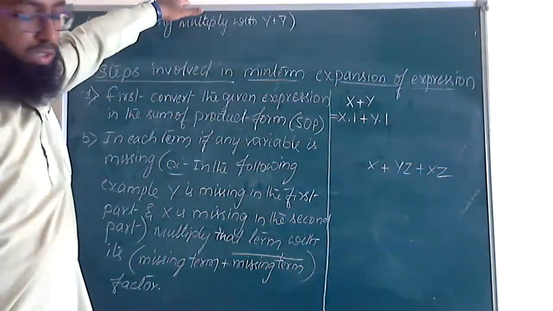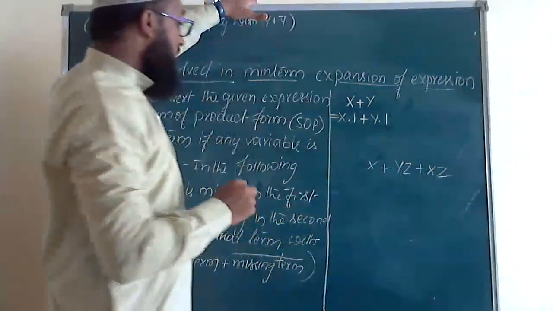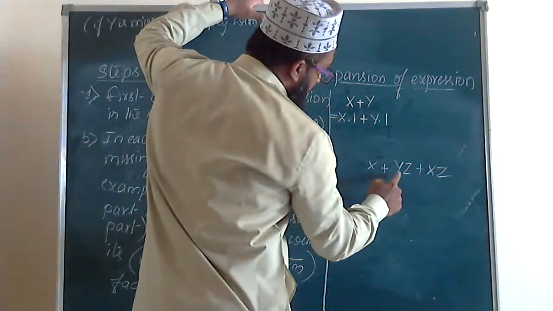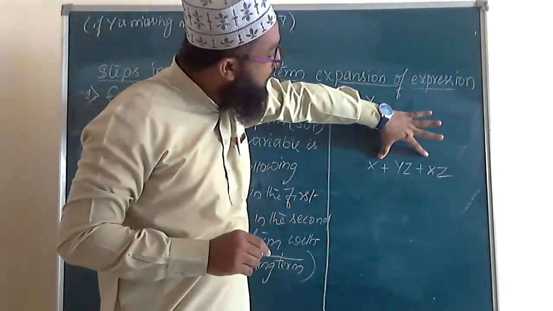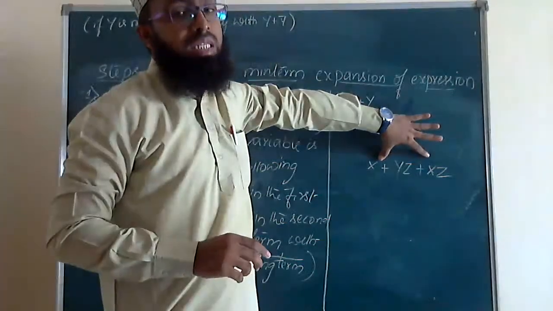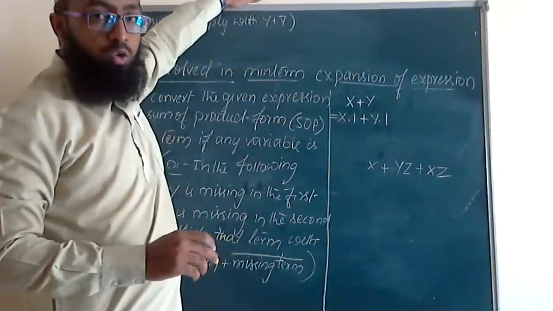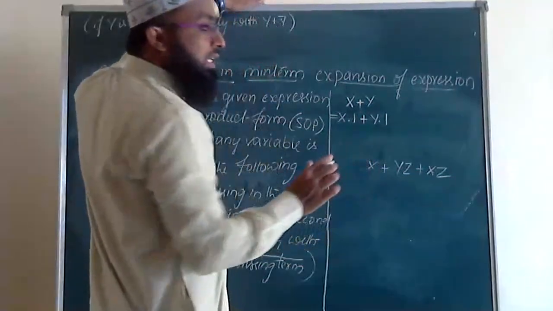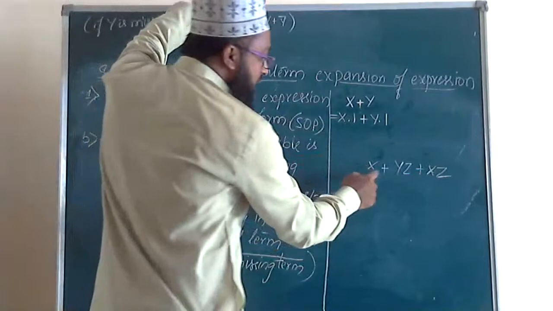Dear students, look at this. Here there are three variables, x, y and z. For a three-term expression with three variables, every term should contain all three variables, x, y and z.